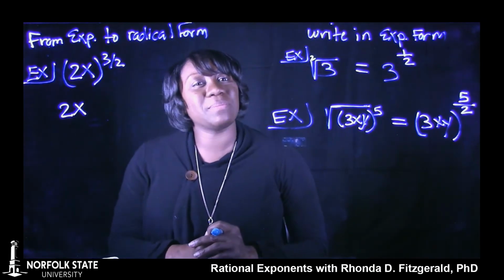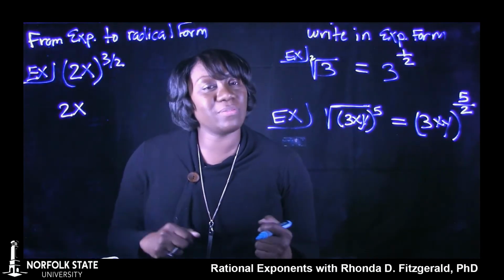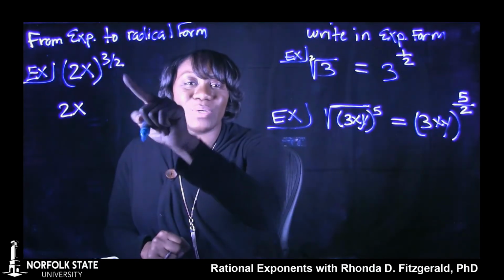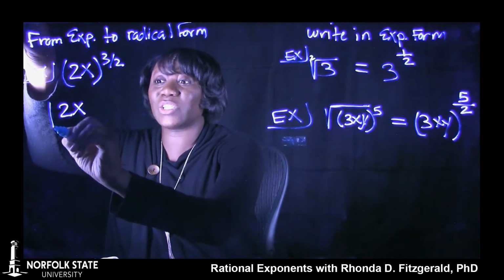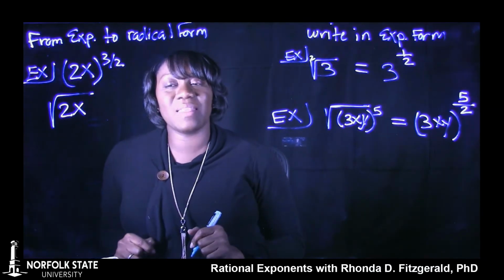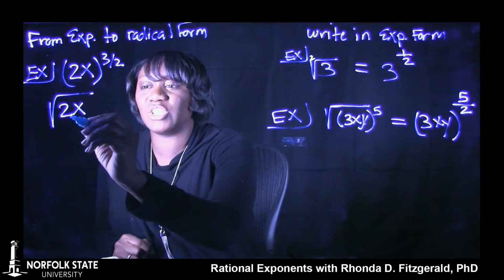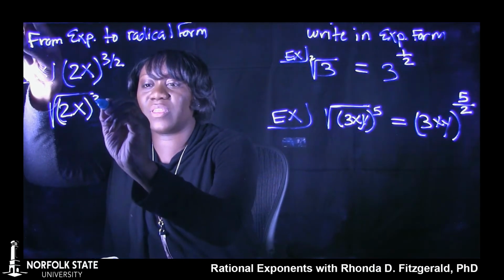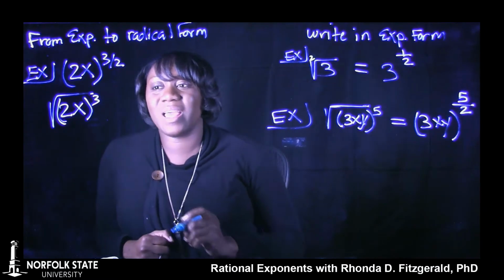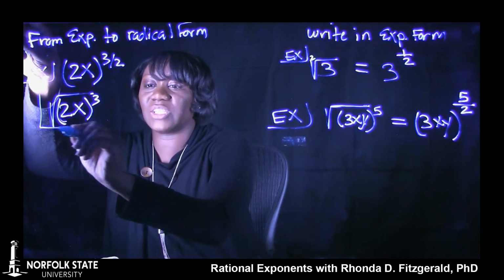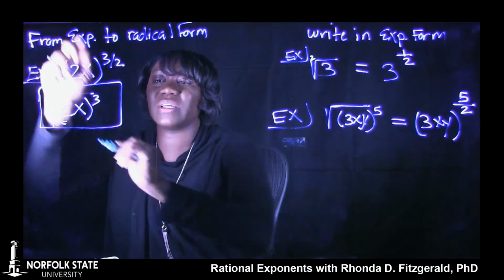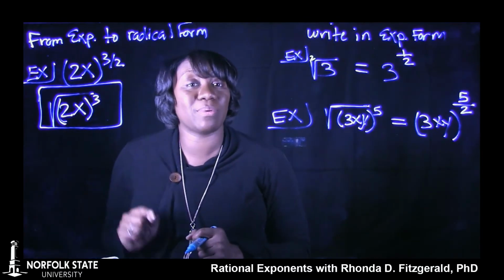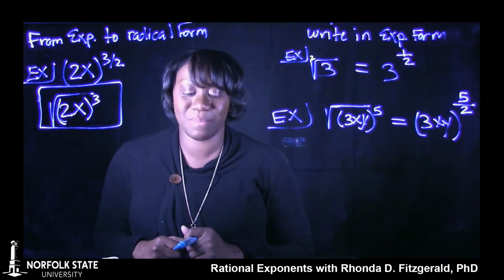Which one's my root? Is it the 3 or the 2? If you think about that silly concept, roots come from the bottom. So my root is 2. So that's the square root of that guy, and then all of that raised to the 3rd power. That would be the final answer here. Somebody might have raised the whole entire thing to the 3rd power under the radical, and we know that that's an equivalent statement as well.